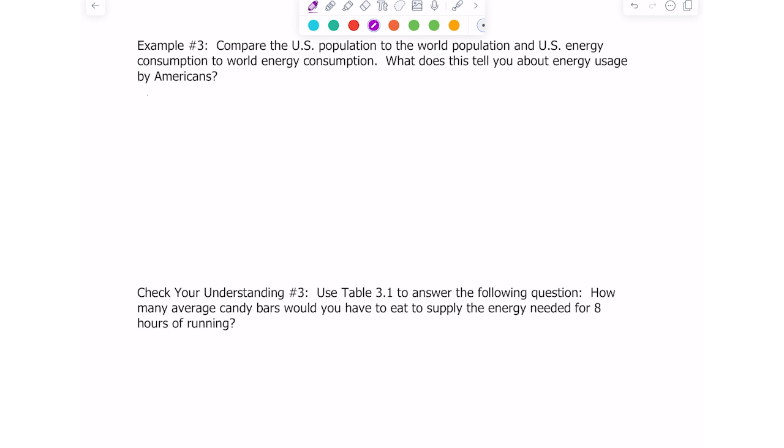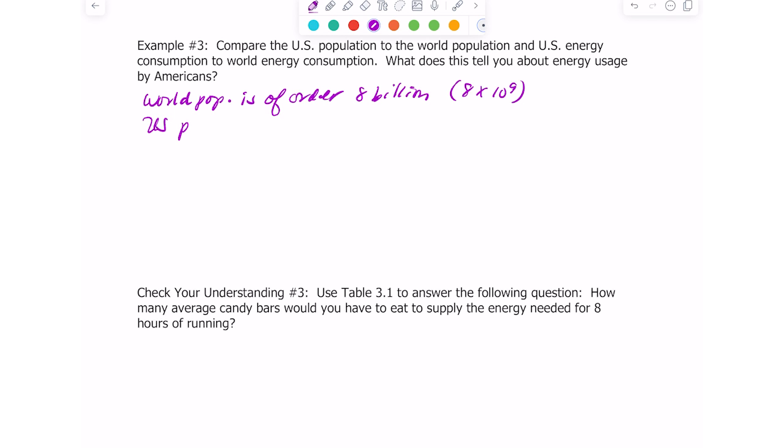I need to know the world population. And the world population is of order 8 billion, which we can write as 8 times 10 to the 9th because it's an 8 with 9 zeros.